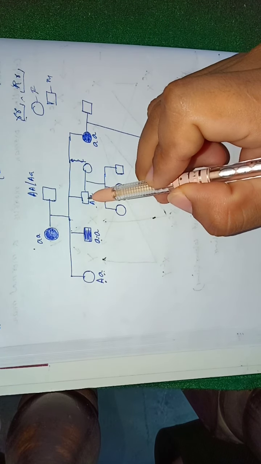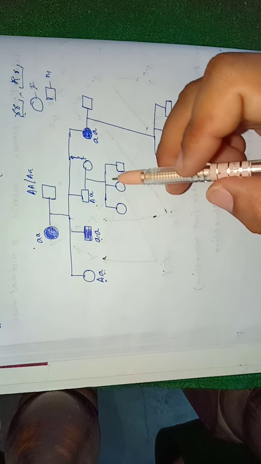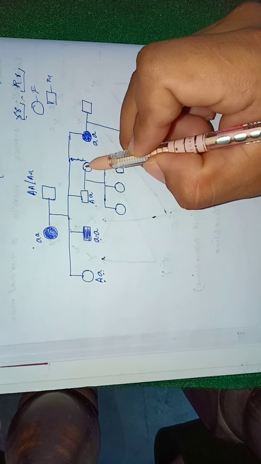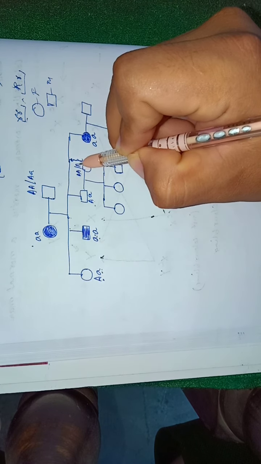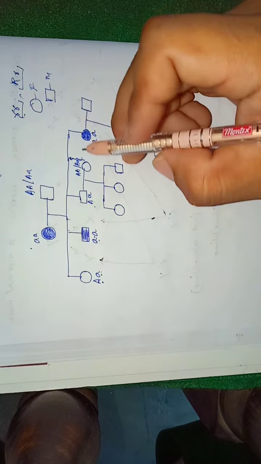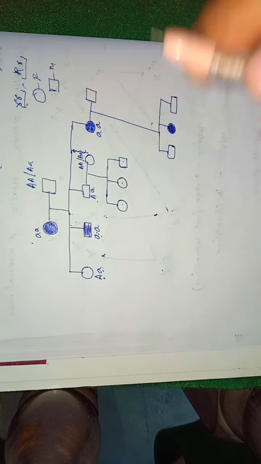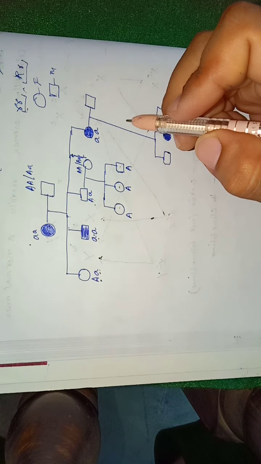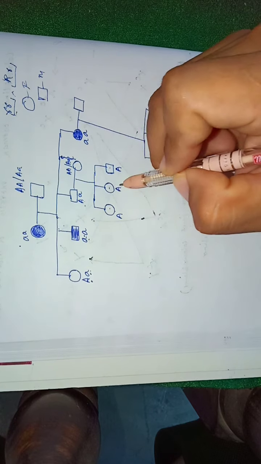Now this male enters into marriage with another female. In this diagram it is shown that all the children are normal. In this case we don't know whether the female is homozygous dominant AA or heterozygous, but since the children are normal, it is sure that all will have a capital A. One will come from the mother.